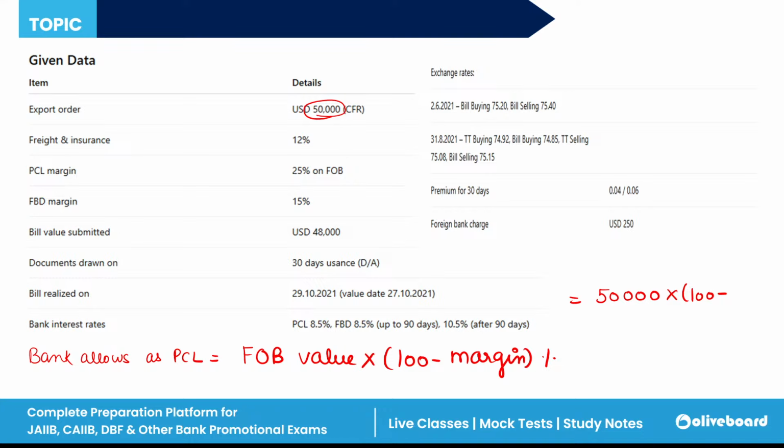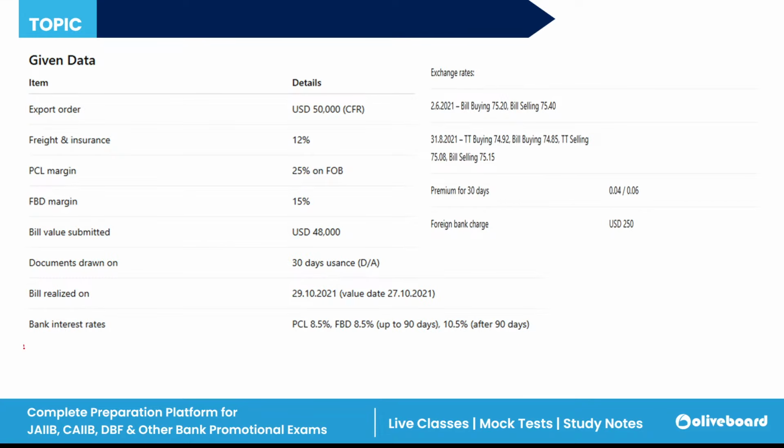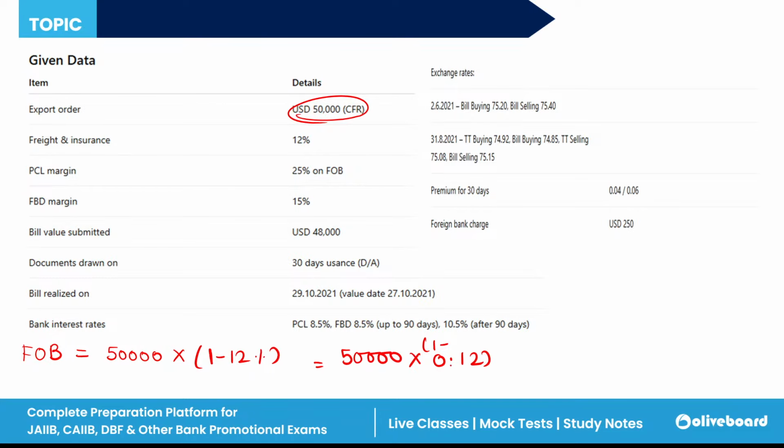First we have to calculate the FOB value. For this, we have to apply the formula of FOB, that is our CFR rate, and we have to subtract freight and insurance percent from this. That is 1 minus 0.12, which equals US dollar 44,000.